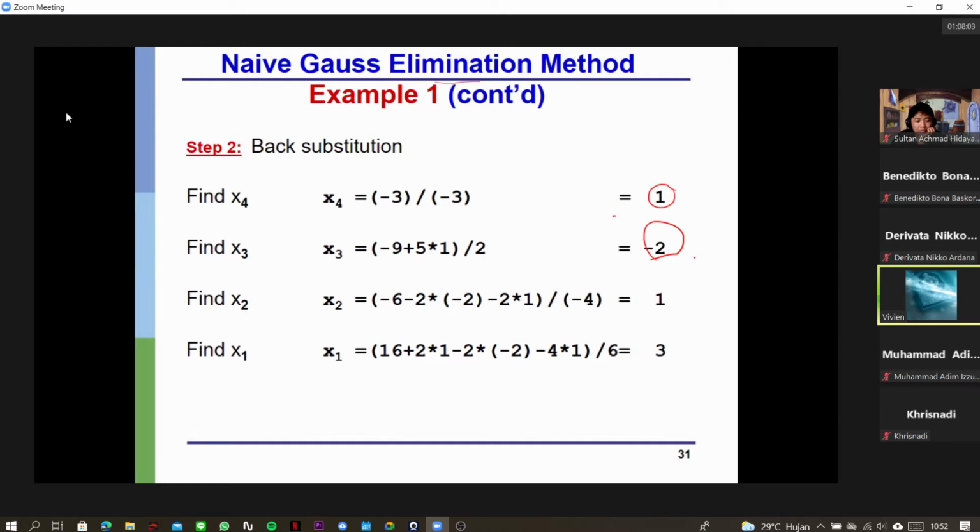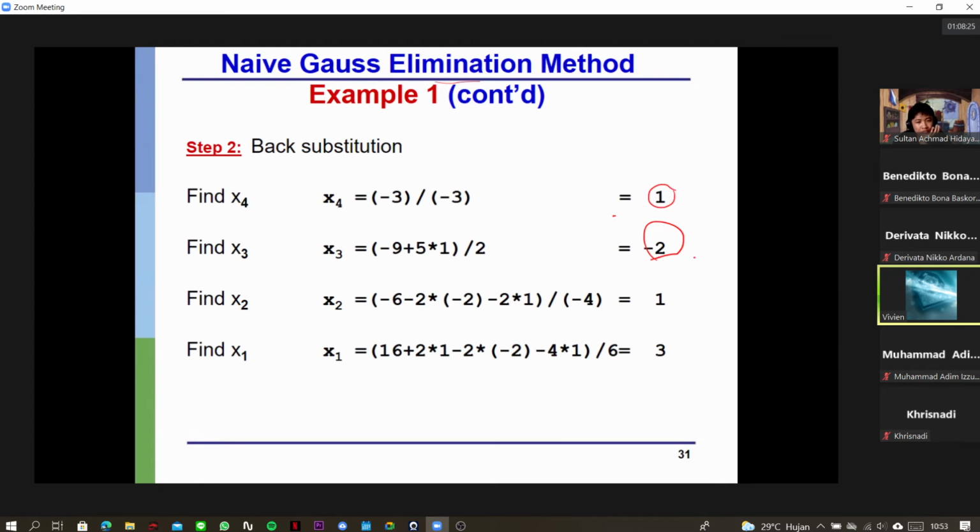All right. It's not difficult, but we have to be careful, because it's very prone to mistakes during the calculations. So it's important that you really understand this method, because our previous method also used the same procedure.